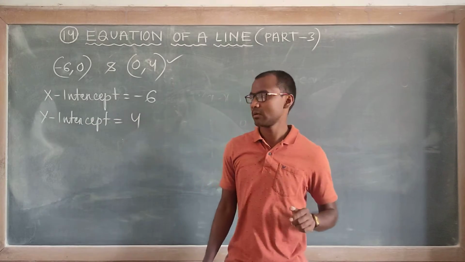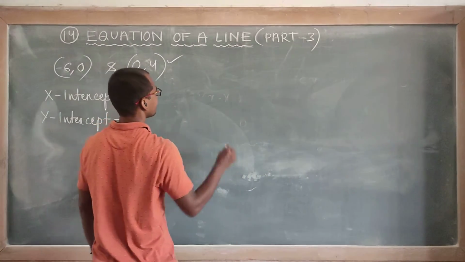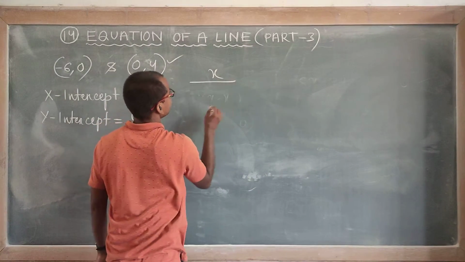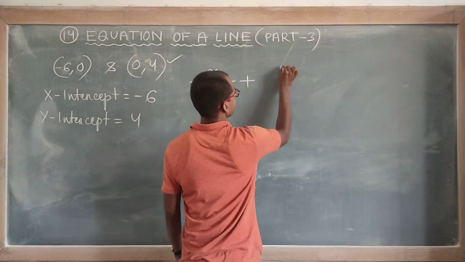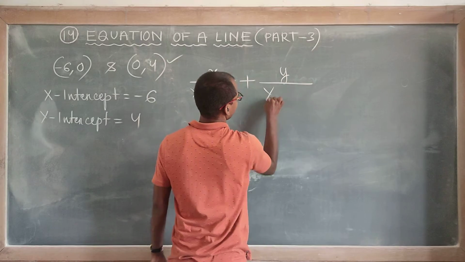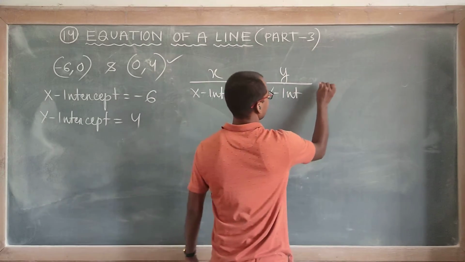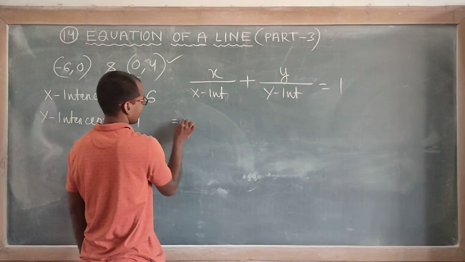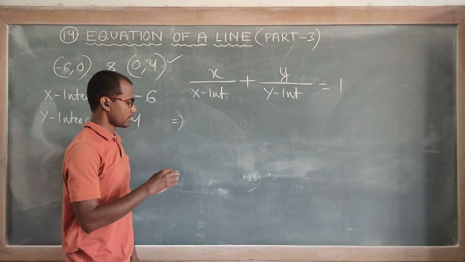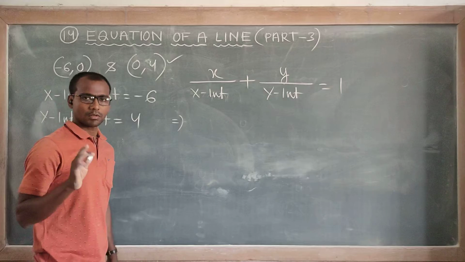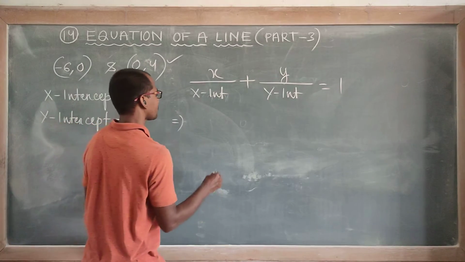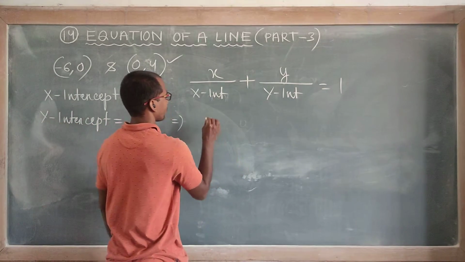For such a question, the equation of the line will be x by x intercept plus y by y intercept is equal to 1. You get the same equation. You will not need the slope here.